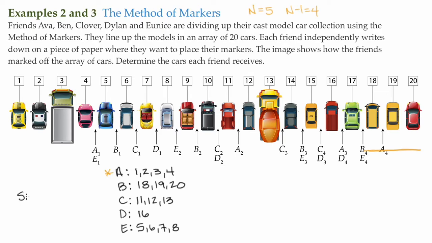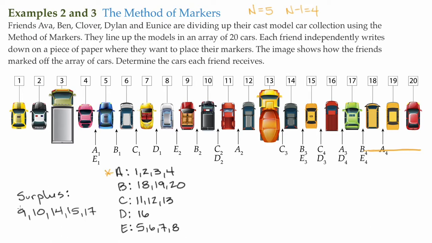Again, the surplus then is what's left over. So we have 1, 2, 3, 4, 5, 6, 7, 8, 9, 10, 11, 12, 13, 14, 15, 16, 17, 18, 19, 20.